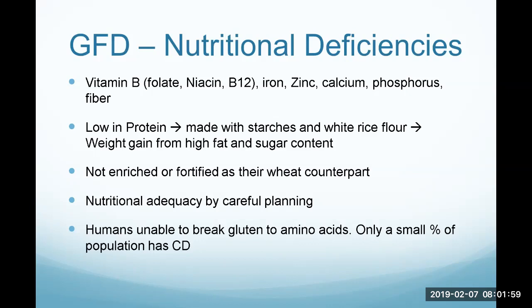Now that they're gluten-free, they can still get constipated because they have no fiber anymore, right? Most of the processed or packed foods don't have as much fortification as the wheat counterparts, but these can be managed if we have to, by careful planning and proper education of the patient and family.